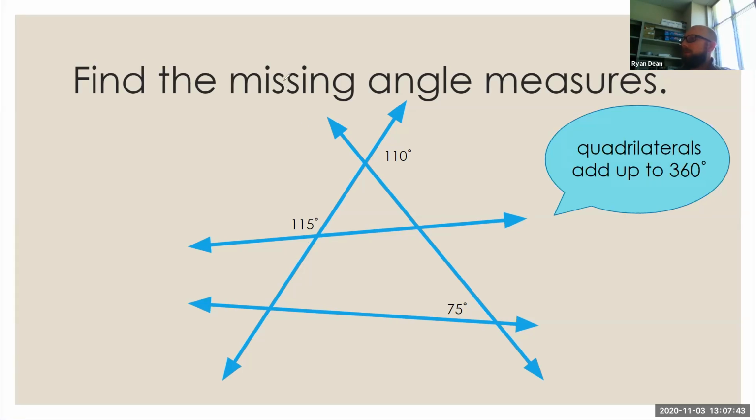So let's go ahead and start taking a look at these. Remember, vertical is congruent and linear pair adds to 180.